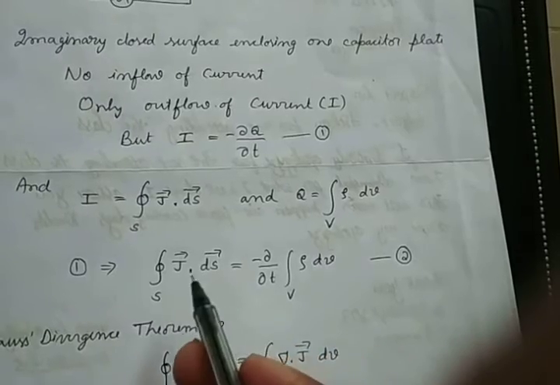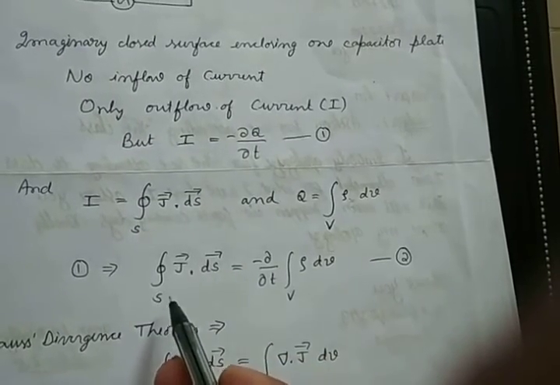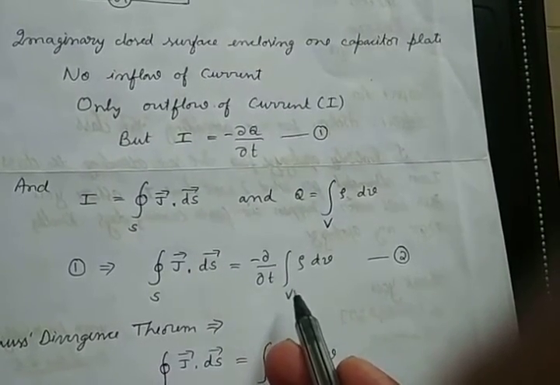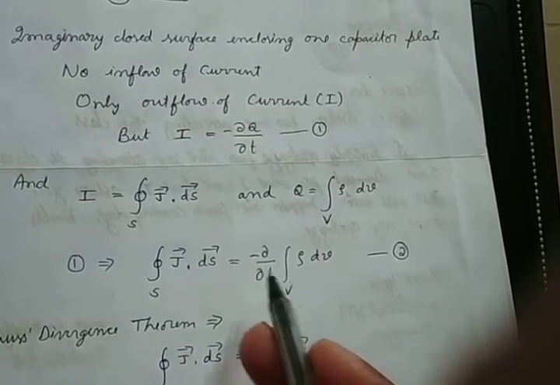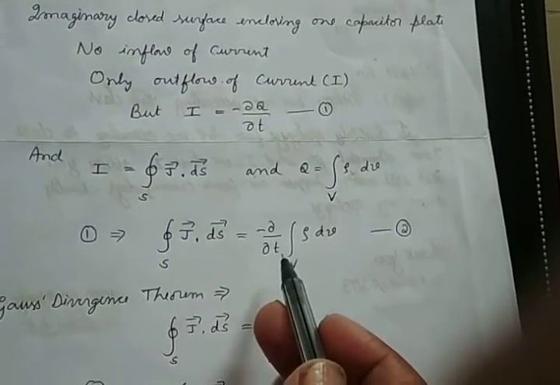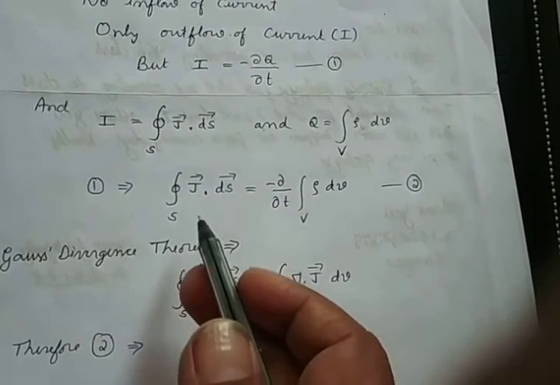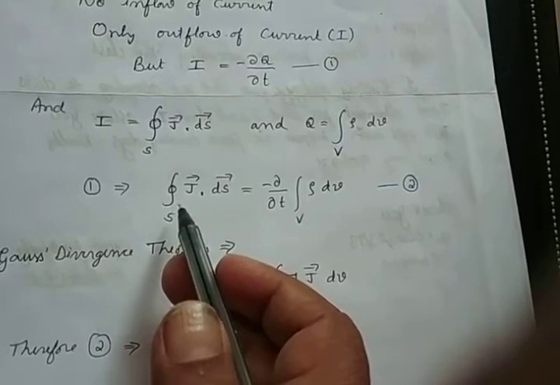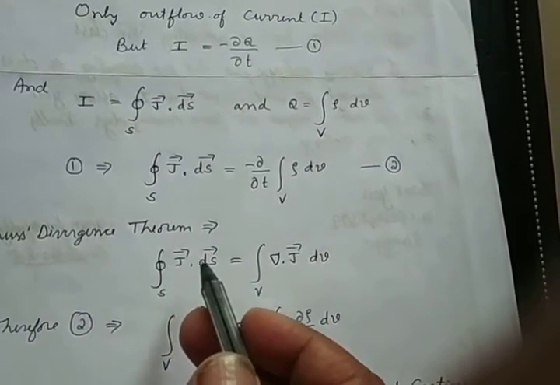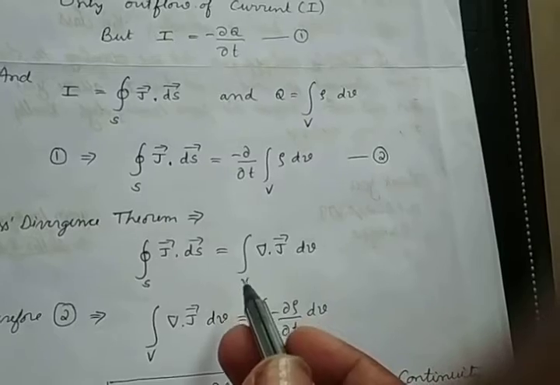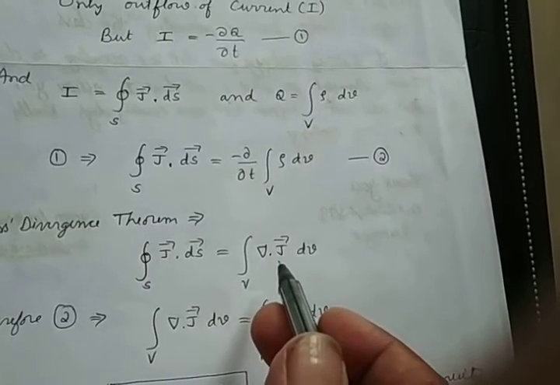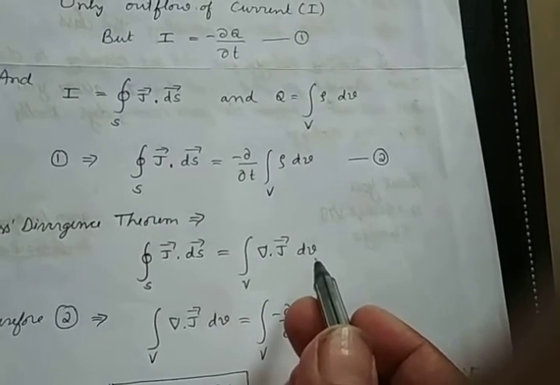Here we have a surface integral on one side and a volume integral on the other, so let us rewrite both in the same integral. This can be done using the Gauss divergence theorem. Using it, I can write the closed surface integral of J bar dot dS bar as the volume integral of divergence of J bar dV.